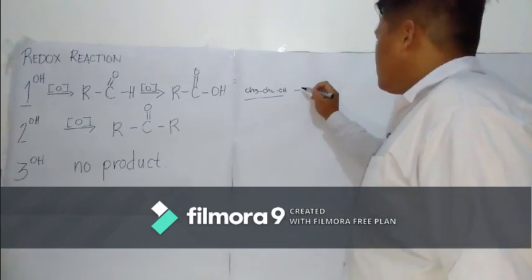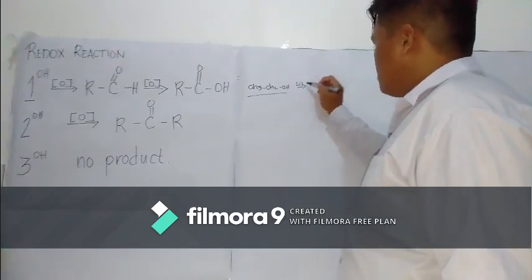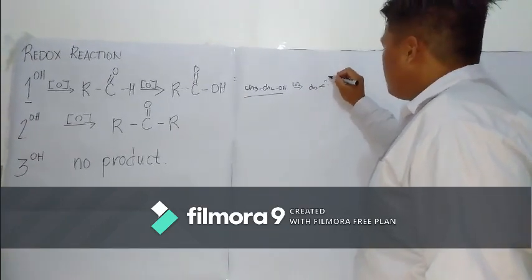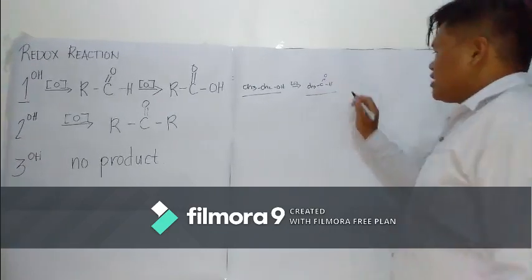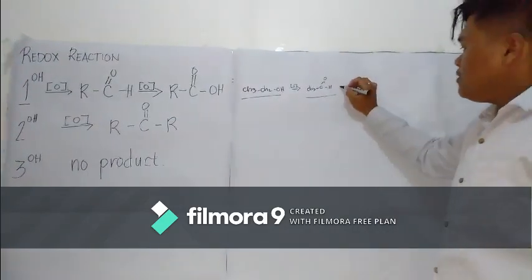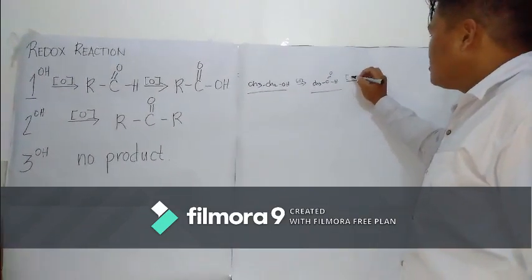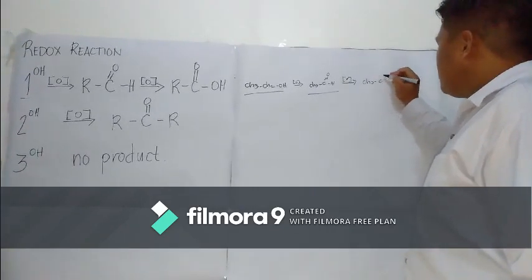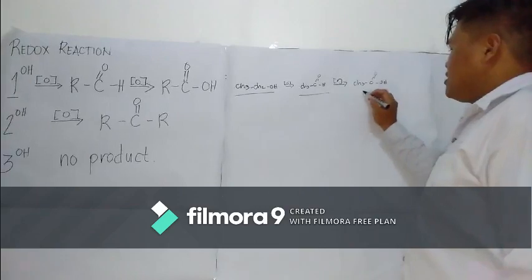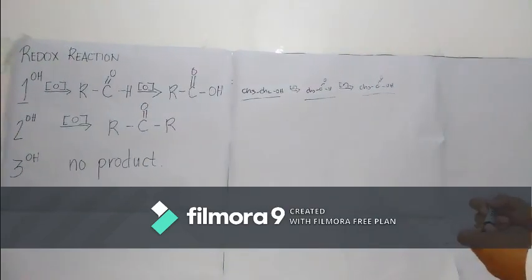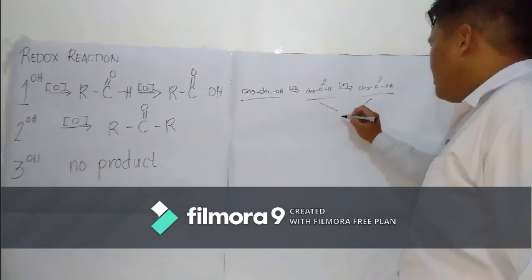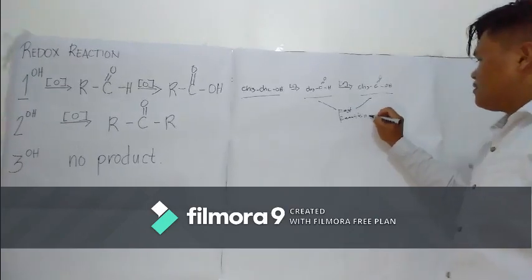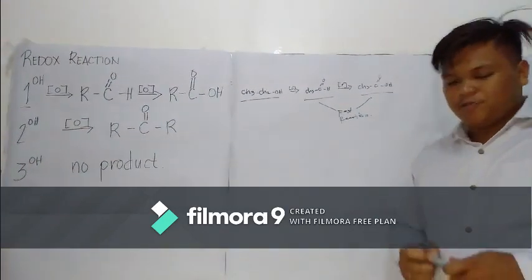So when we oxidize it, it will become CH3, C double bond O and H. This kind is an aldehyde, and when you oxidize the aldehyde again, you can get CH3COOH, that is a carboxylic acid. In this part, these two have a fast reaction. That's only my explanation.